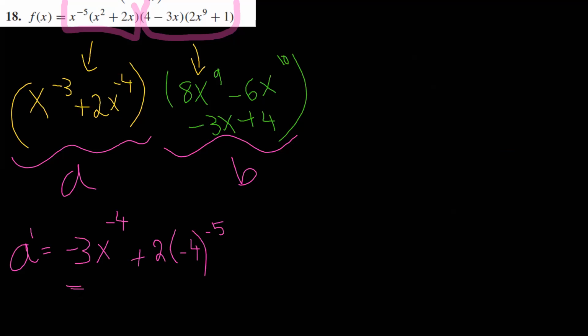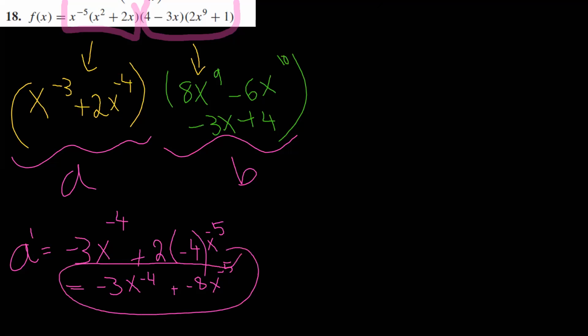So it will be negative 3x to the power negative 4 plus negative 8x to the power negative 5. This is for A now. This is its derivation.